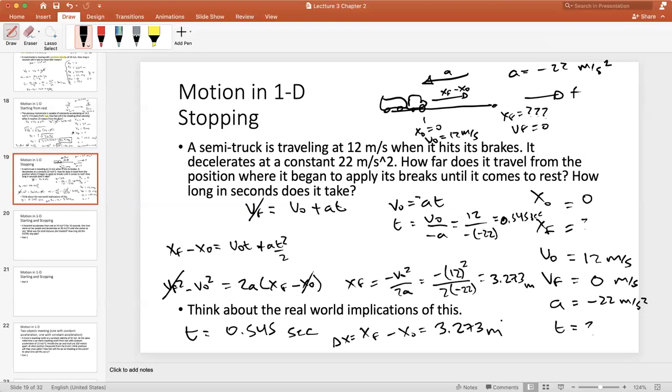Half of a second is an awesome reaction time to stop if you saw something come out in front of you. But you're still going to slide 10 feet in that stopping distance. Keep that in mind. These numbers I made up, but if you were to look at them and figure out what the deceleration of your car is, your car will slide quite a bit.